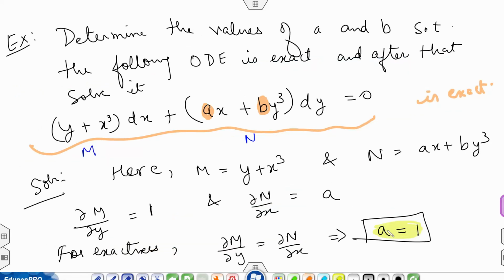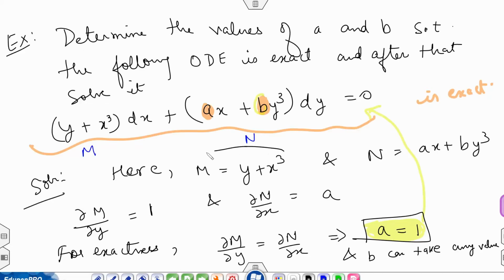So if you put a is equal to 1 in your differential equation, your equation will become exact. Here you can see that you don't have any restriction on the value b. So b can take any value. So I'll write, and b can take any value.